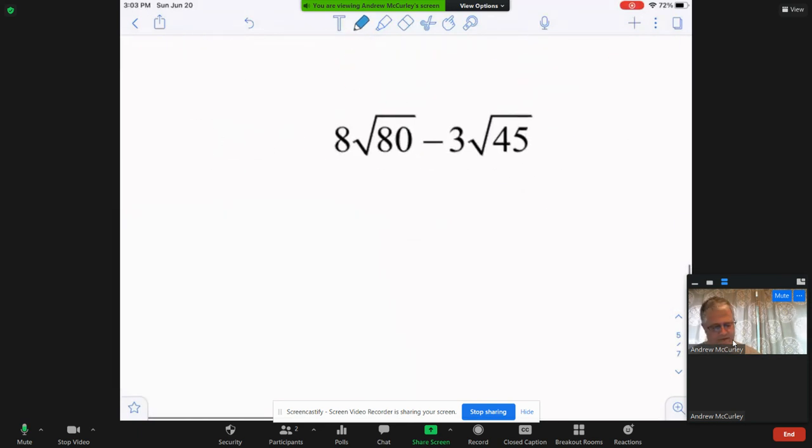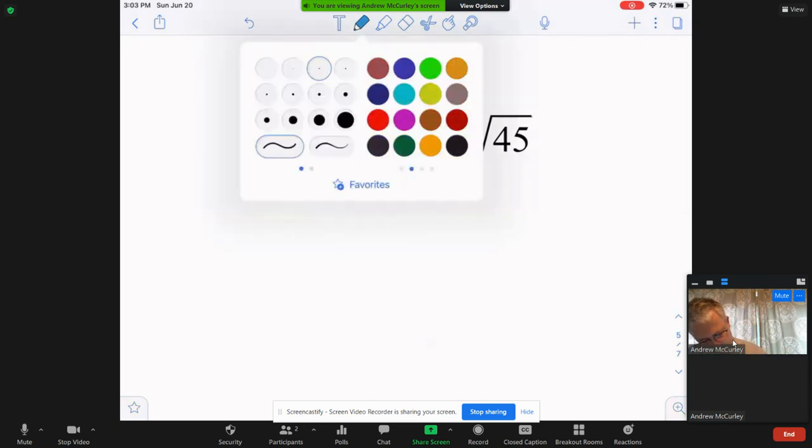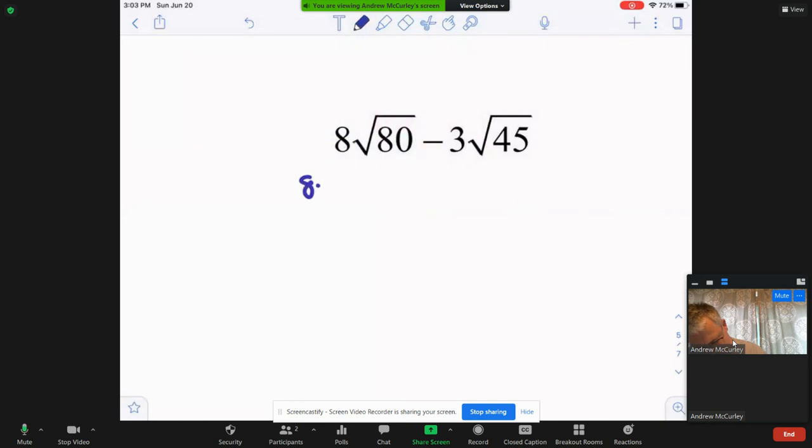Very similar though, very similar. What's the perfect square that goes over 80? Is it only 4? 16. 16 times 5, right? All right, so 8 times the square root of 16, square root of 5, minus 3. Let's see, 45, so that's going to be the square root of 9, square root of 5.